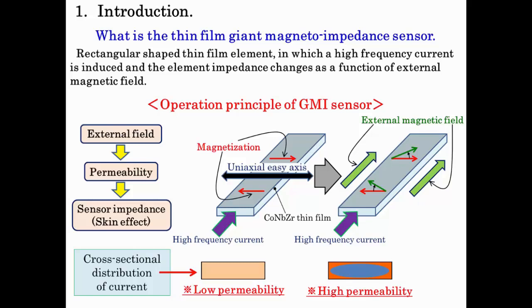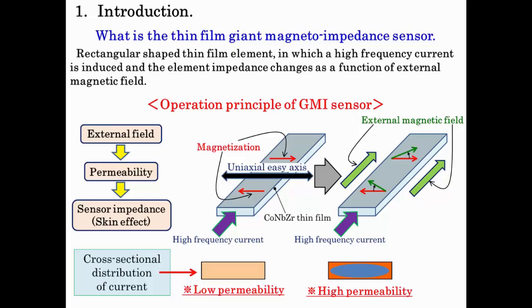My element is made of soft magnetic amorphous thin film, and magnetic anisotropy was induced in the in-plane direction by using magnetic field annealing.